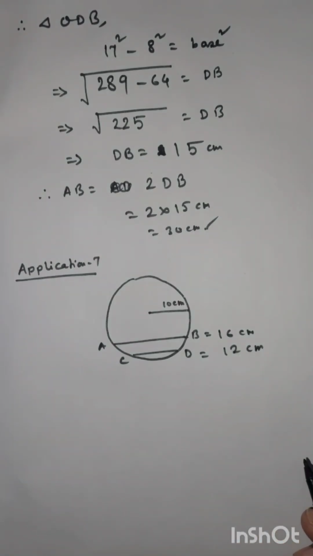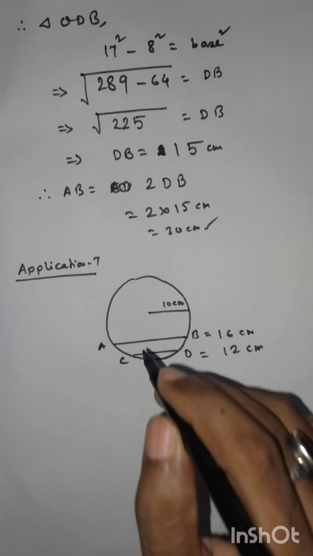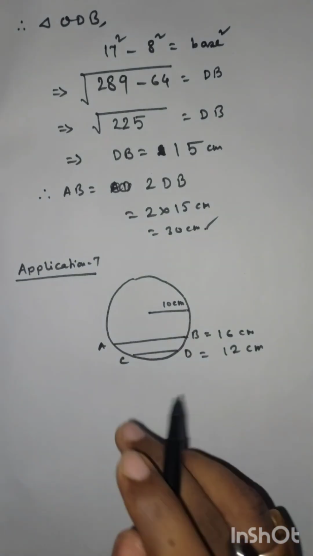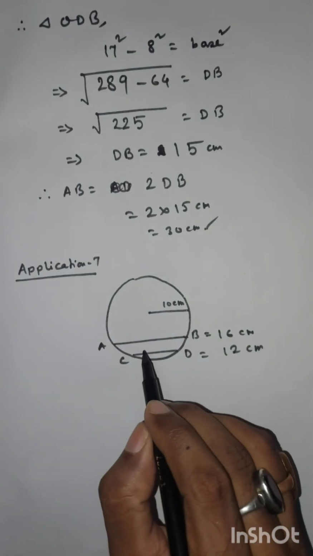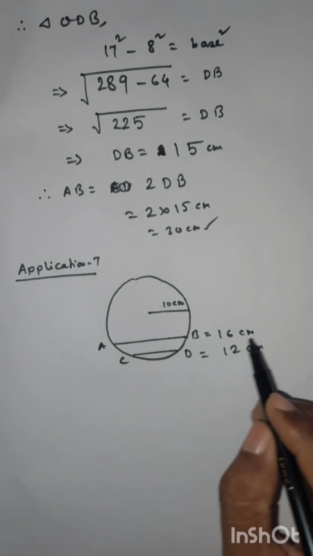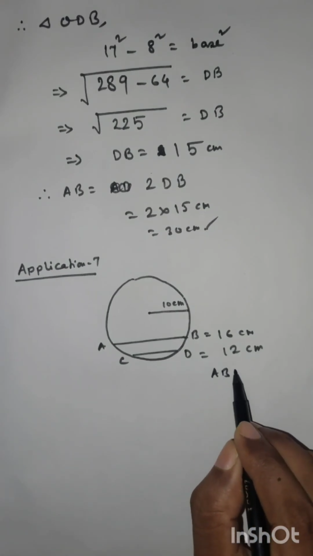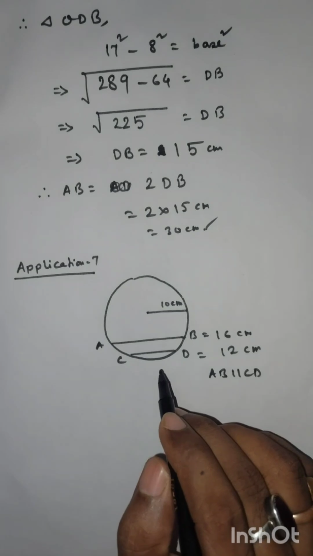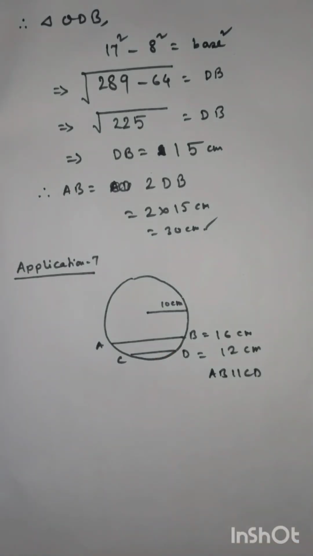Let us see by calculating the distance between the two chords if they are on the same side and the opposite side. These chords are parallel, AB parallel to CD it is given, and in this case the chords are in same side.